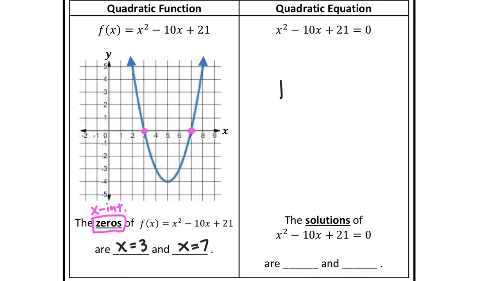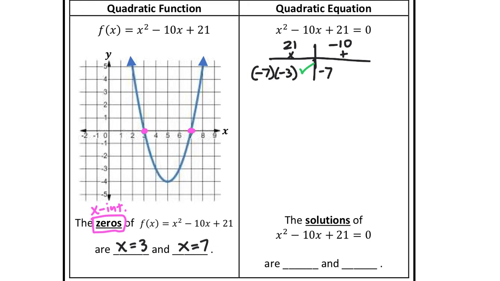Actually, let me write it in the middle so that there's more space. So again, I'm looking to multiply to get 21 and add to get negative 10. So that's negative 7 times negative 3. That gives me positive 21.